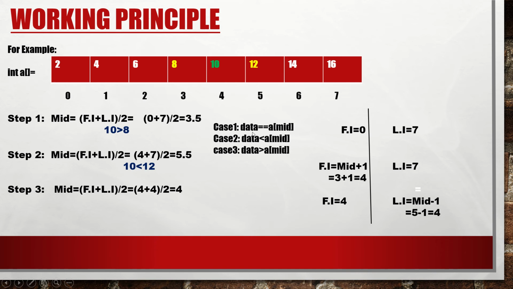I repeat once again, if the data, that is element to be searched, is equal to a of mid, that means we'll return the index of the mid. Data is already found then. But if the data is less than a of mid, we'll search in the left half of an array. If the data is greater than a of mid, we'll search in the right side of an array. By this way, the search space becomes small, the search technique becomes fast, and this total working principle is based on divide and conquer.